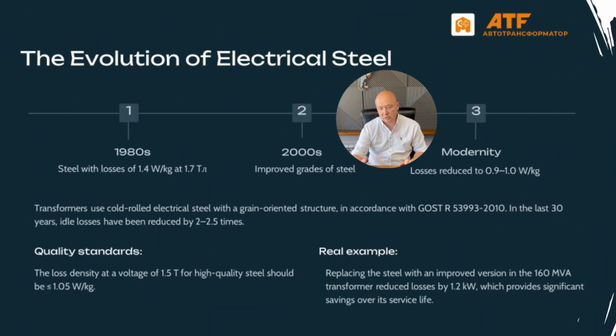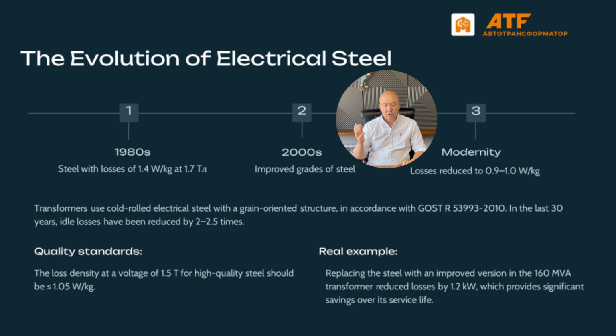Today's cores use cold-rolled, grain-oriented electrical steel. Over the past 30 years, no-load losses have been reduced by a factor of 2 to 2.5. For example, in the 1980s, typical steel losses were about 1.4 watts per kilogram at 1.7 Tesla. Modern grades now achieve 0.9 to 1.0 watts per kilogram under the same conditions.